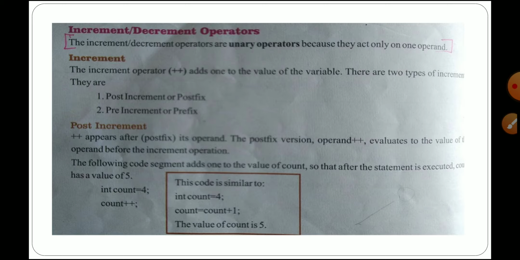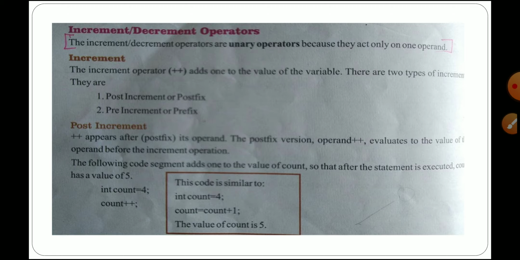Next one is the increment and decrement operators. We have two types of increment operators and two types of decrement operators. One is the post increment or postfix. Next one is the pre increment or prefix. Post increment means plus plus.